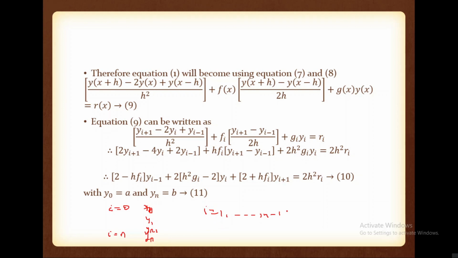So definitely you have n minus 1 equations, because we have n minus 1 unknowns, that is from y1 to yn-1. So n minus 1 unknowns are there and n minus 1 equations are there. Okay, so by using the method that we discussed in the second module, you can find the values of y1 to yn-1. That we are going to do.